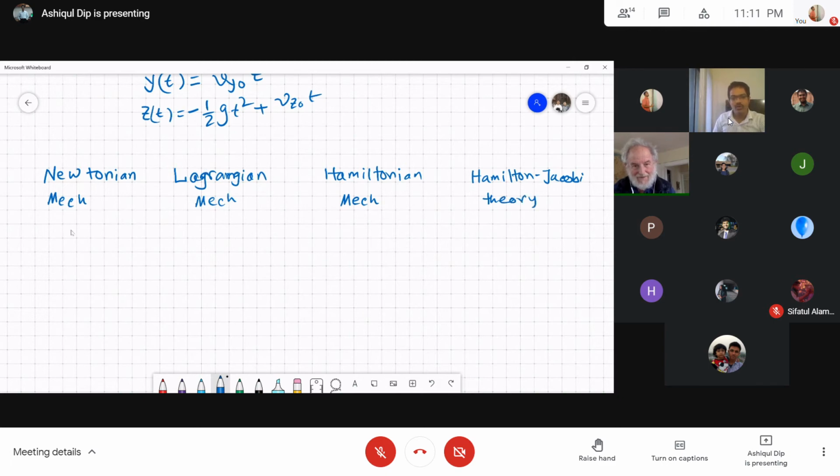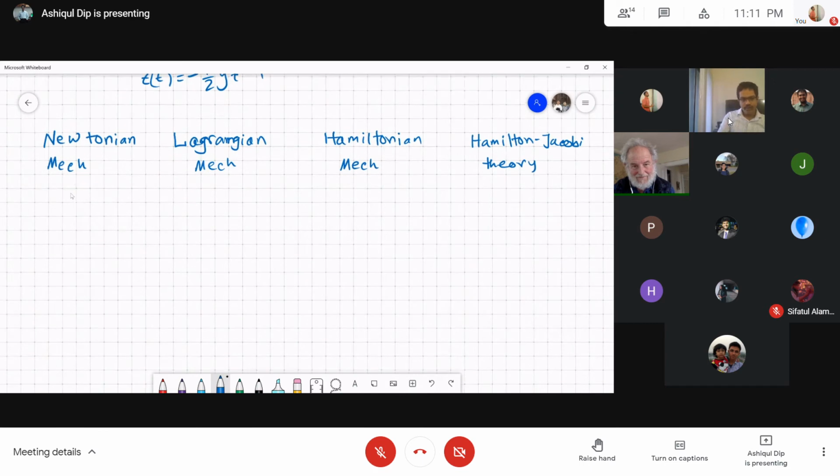The standard equation of motion for these systems: F equals ma for n number of particles. Then for Lagrangian mechanics, we already know this is delta L by delta qk equals d/dt of delta L by delta qk dot. Then for Hamiltonian mechanics, we have a pair of equations.